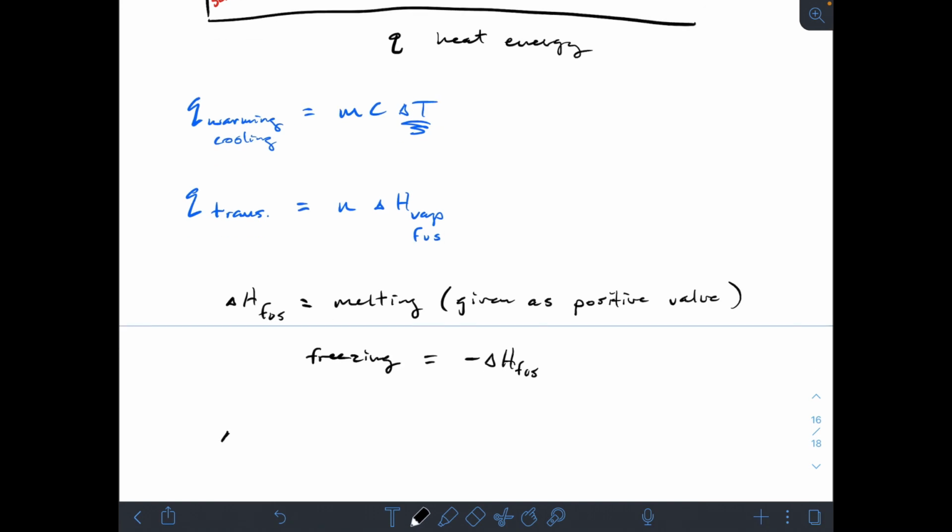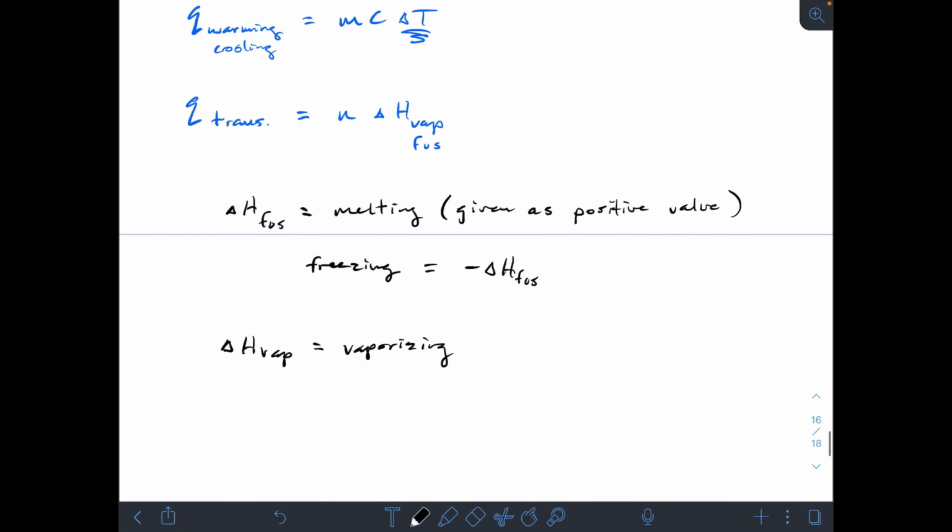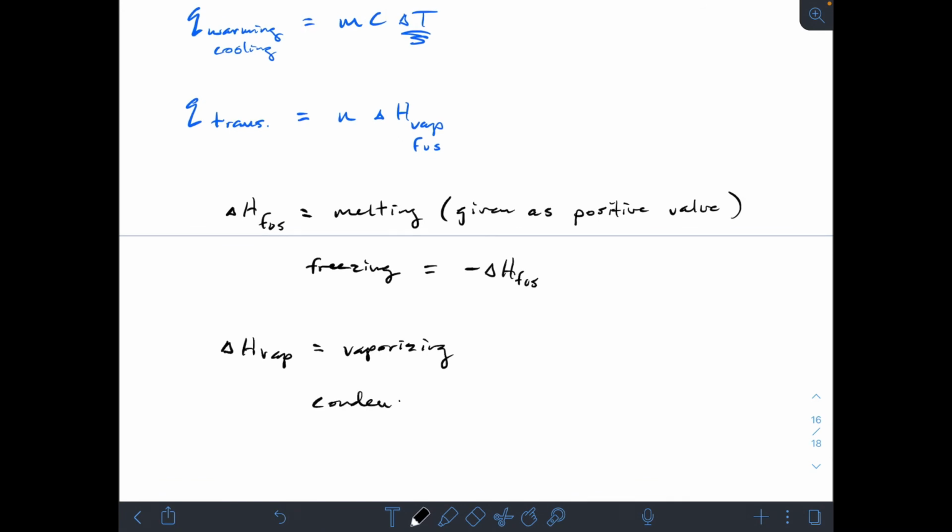Same thing with ΔH of vaporization. That's for vaporizing. So for condensing, it will be negative ΔH of vaporization.